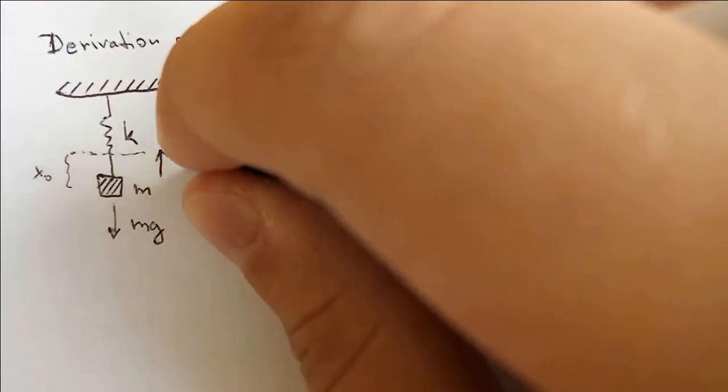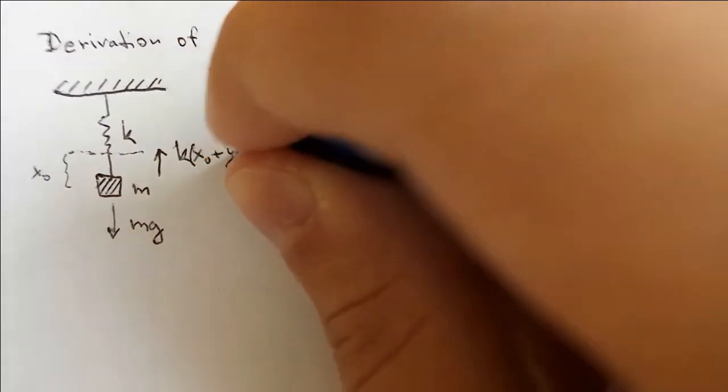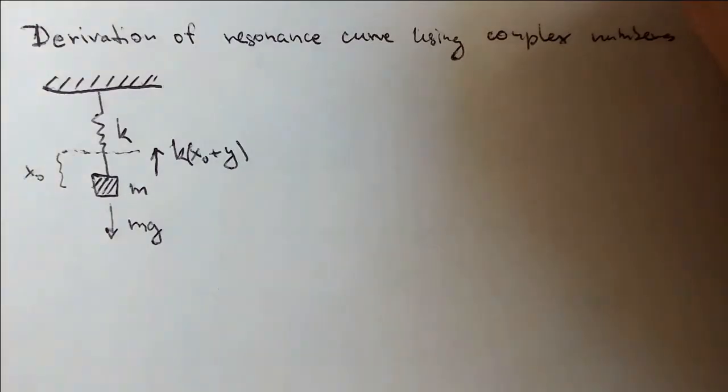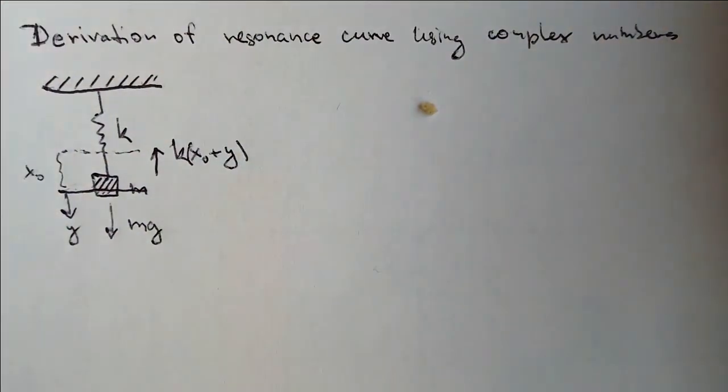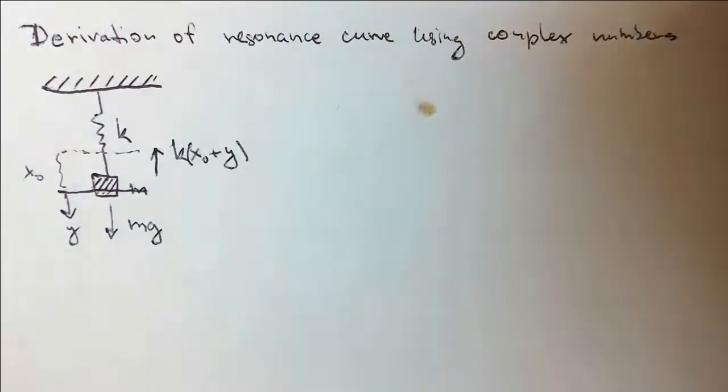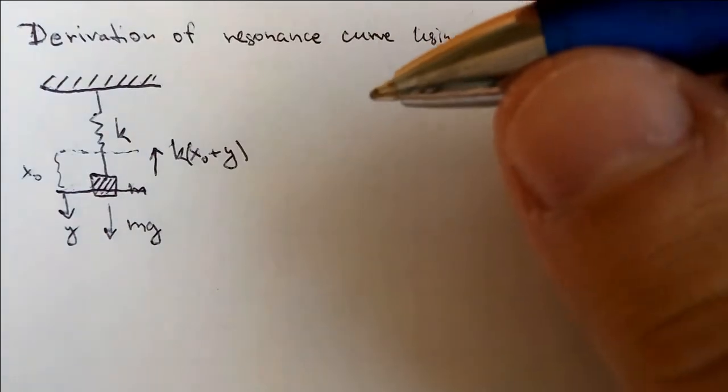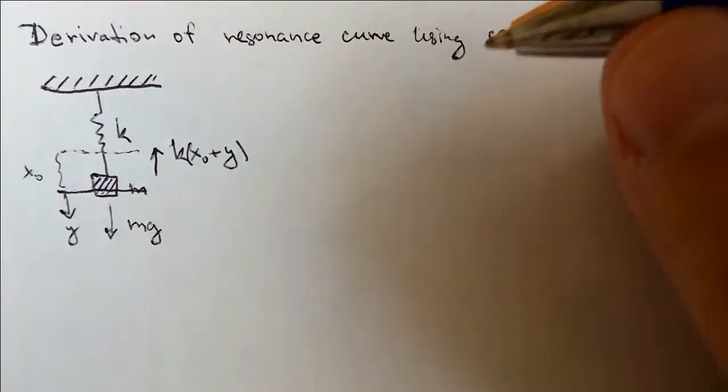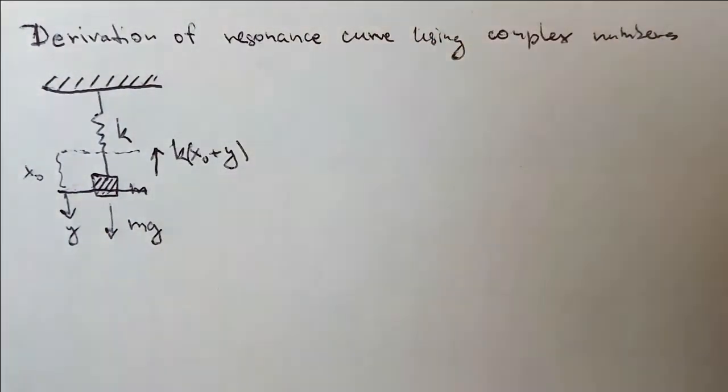So the displacement is x0 plus y, and y is the displacement from this new position. So this is y, a new displacement from this position. So the bob is moving up and down, and we will describe this motion using complex numbers.